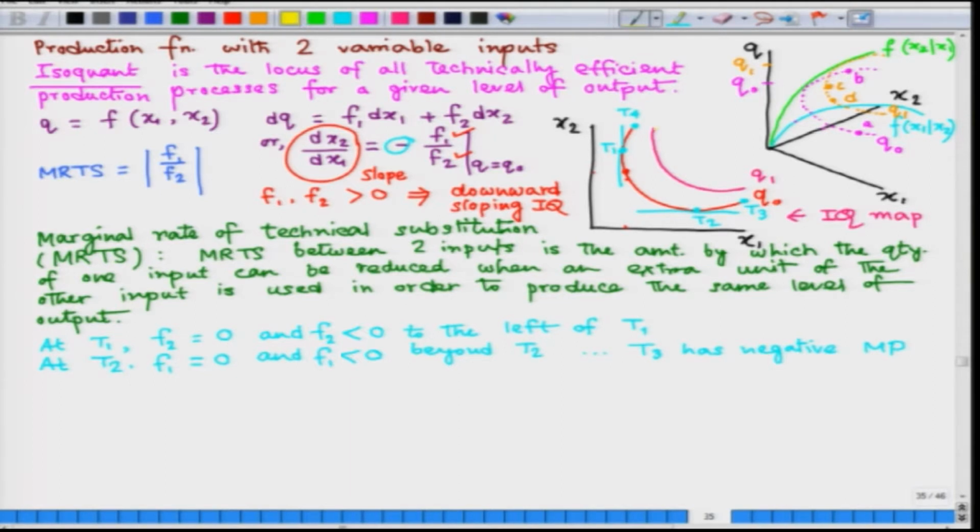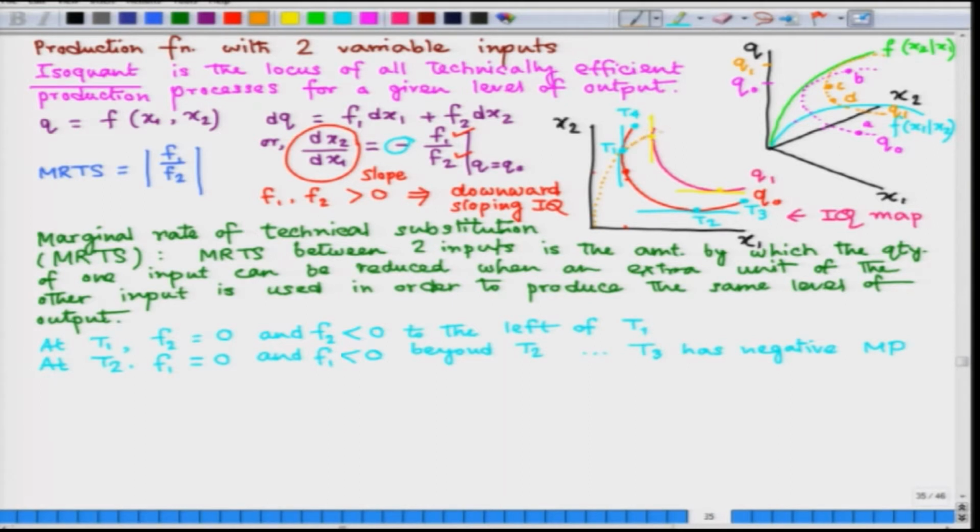Similarly, we can find points along the Q1 isoquant as well, where the marginal product of one input becomes 0 at one point. So, suppose these two are the points. Now if we join such points with the origin, we get a curve.